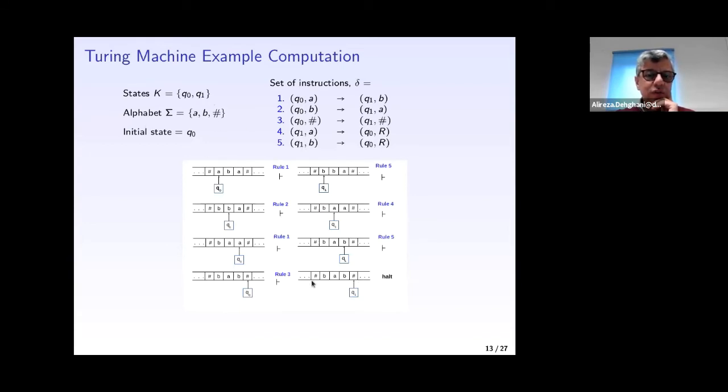And finally, if you look at the string on the tape, it is different from what you had in the beginning. The string was ABA and the string here is BAB. What does it mean? If you remember, I said in a Turing machine we can go beyond accepting or generating strings. It can do computation, and the changes we apply on the input string are, at the end of the day, a kind of computation.